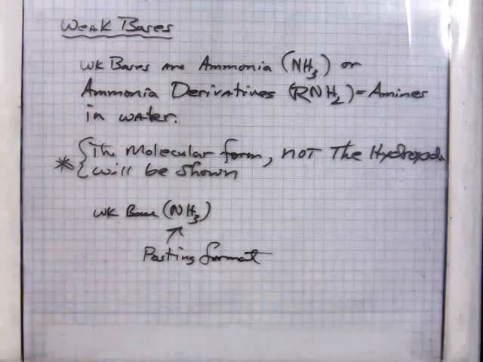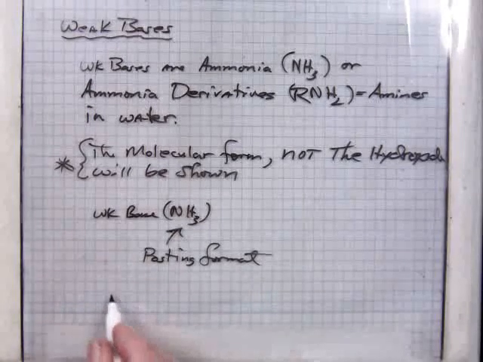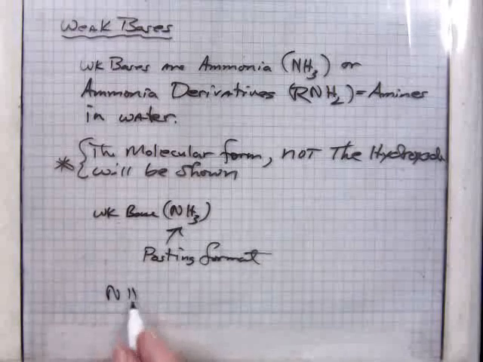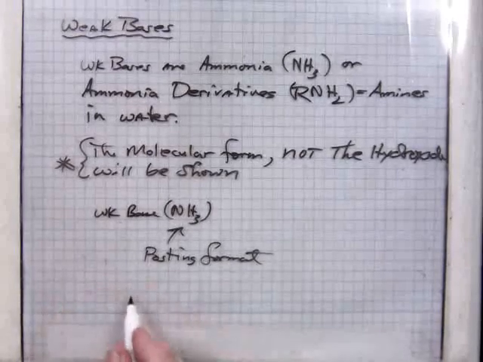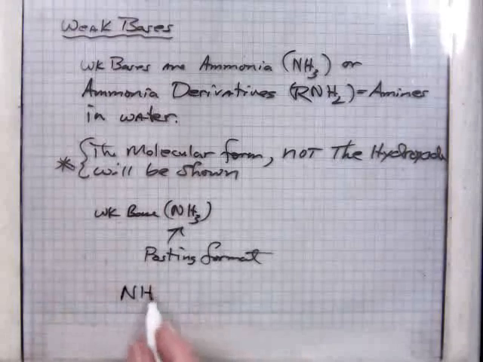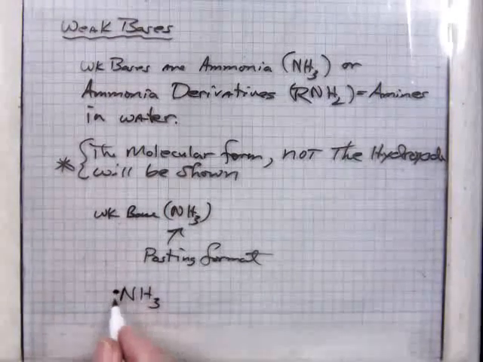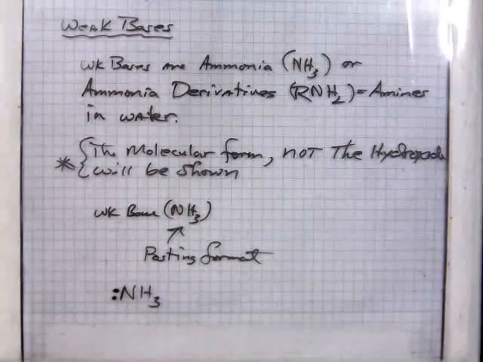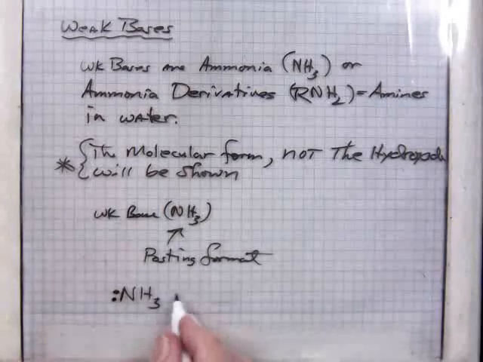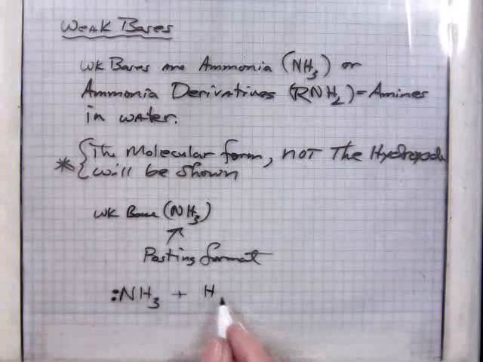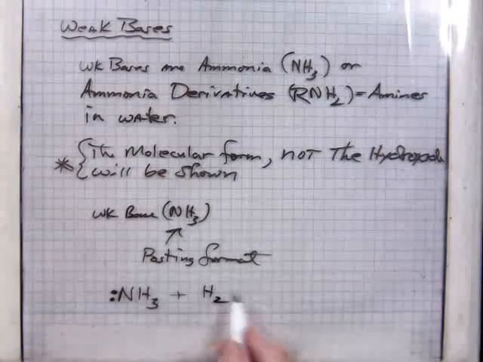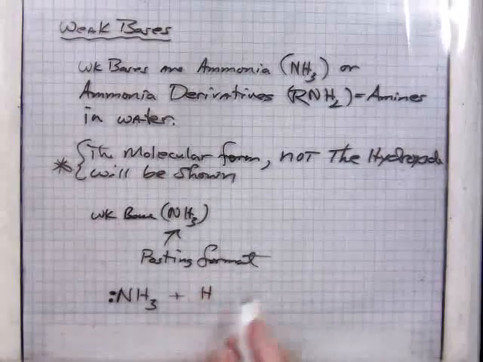However, that's not the chemistry of the weak base. The chemistry of the weak base is when NH3, the ammonia, which has a non-bonding pair associated with the central element, is placed into water. Well, I'm going to write it out this way.